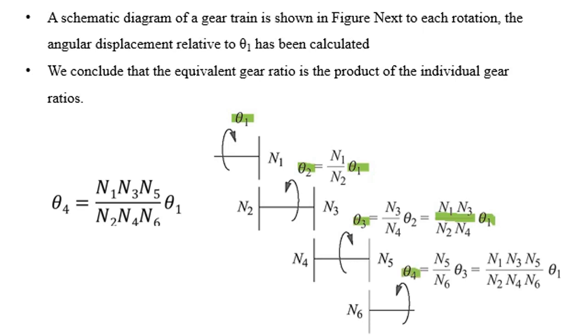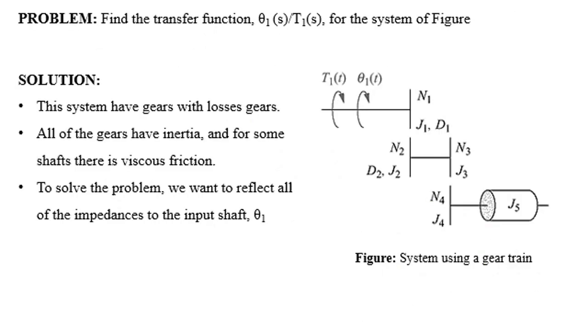At the fourth stage, angular displacement is theta4, and is equal to the product of ratios of n1 over n2, n3 over n4, and n5 over n6, and this whole multiplied by theta1. And with this gear ratio, we can introduce changes in the speed or torque.